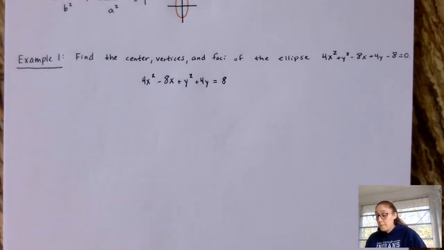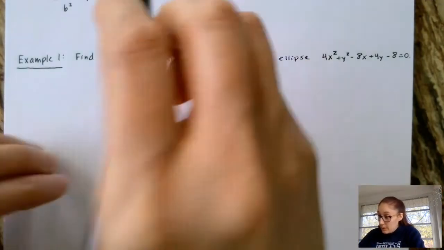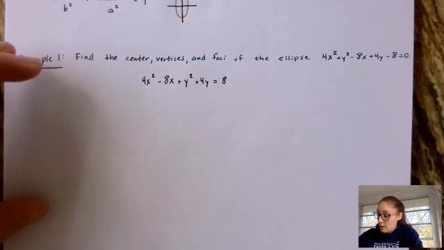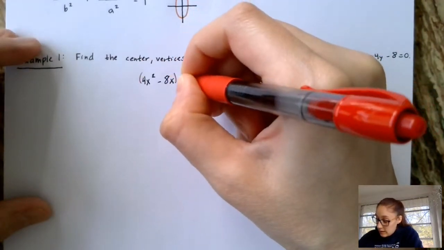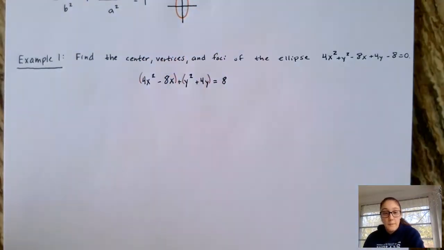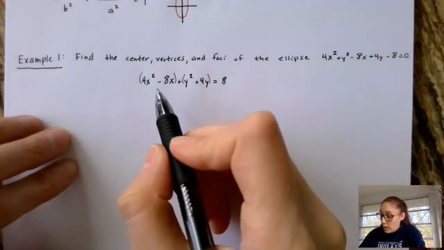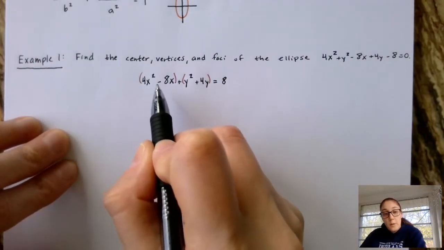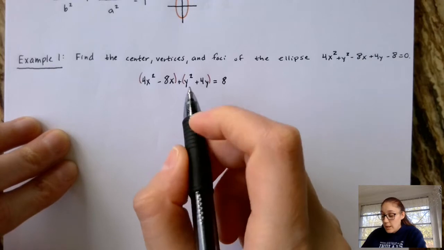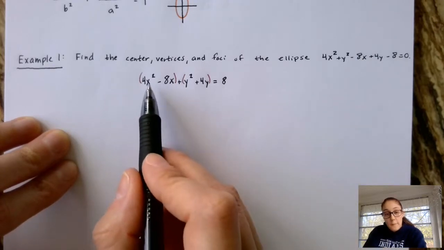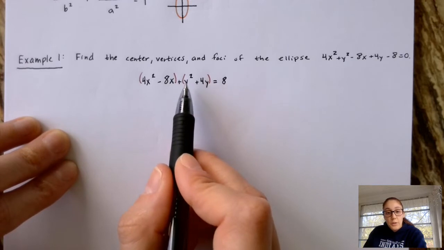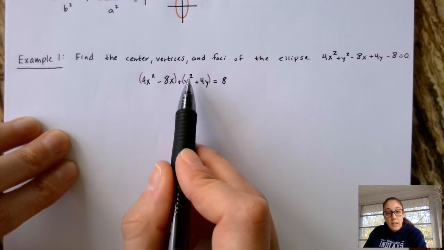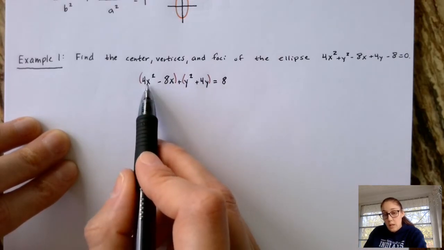Okay. So the first thing I'm going to do is group the x's and then group the y's. We're going to complete the square one time for the x's and another time for the y's. When you complete the square, your x squared term or y squared term has to have a coefficient of 1. You can see that that's already the case for the y's, but not for the x here.